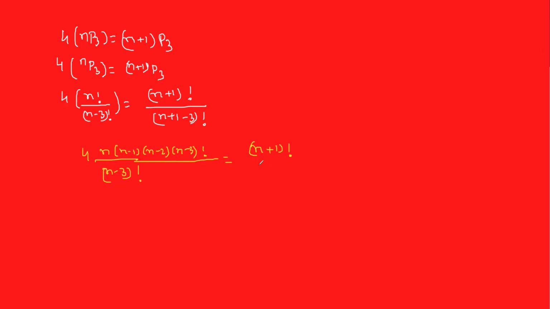Yes, you can do also that. That is also fine. Right hand side you can write n plus 1 factorial. Very good. This is n minus 2 factorial. So n minus 2, n minus 3 factorial, right?